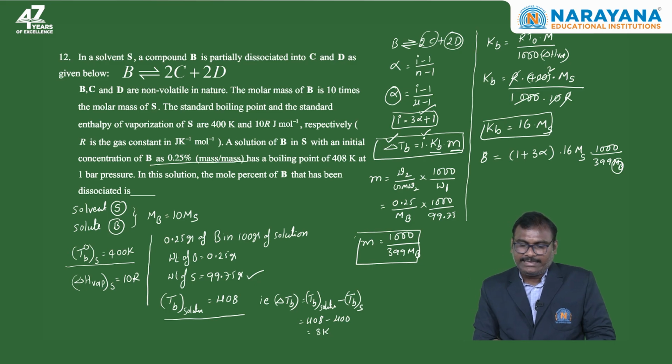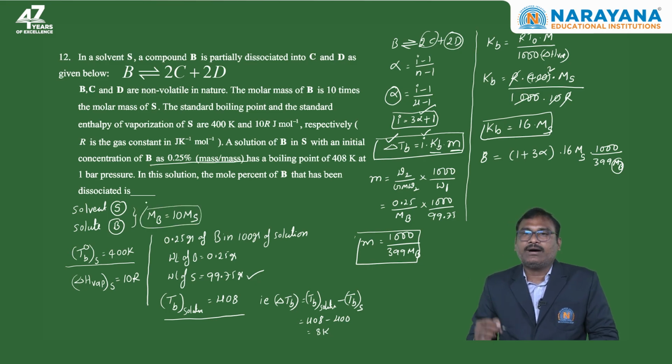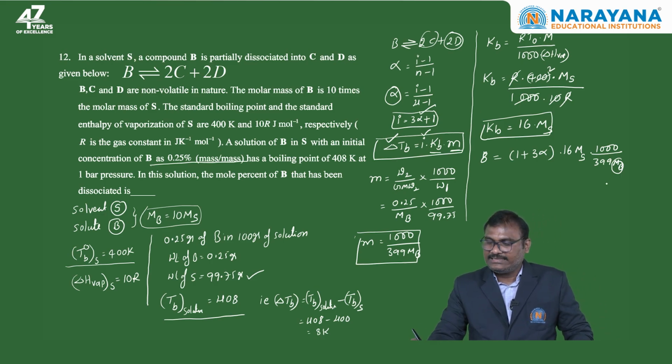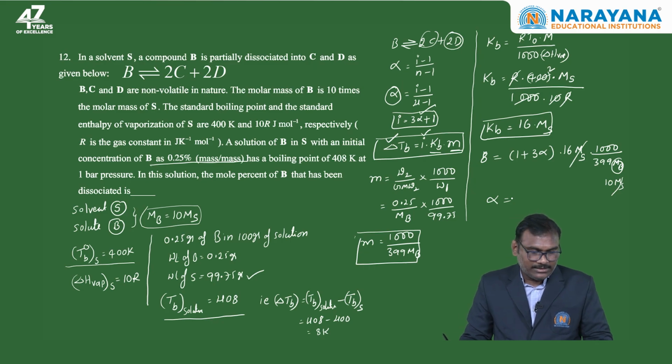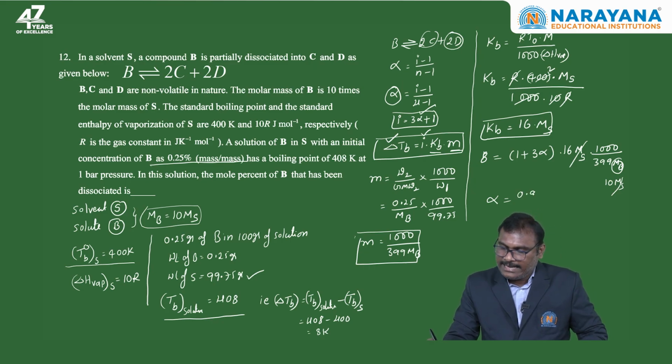Already in the starting itself, he gave that molecular weight of the solute is equal to 10 times the molecular weight of the solvent. If I substitute 10 Ms here, this cancels. After doing so, I will get the alpha value. Except alpha, everything is a known value. I got that 0.995 by 3.